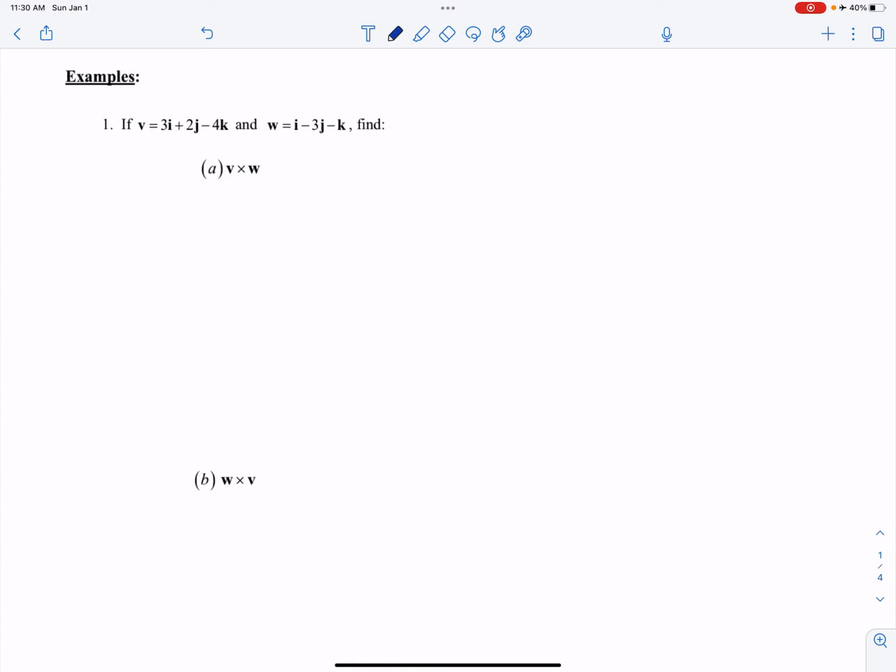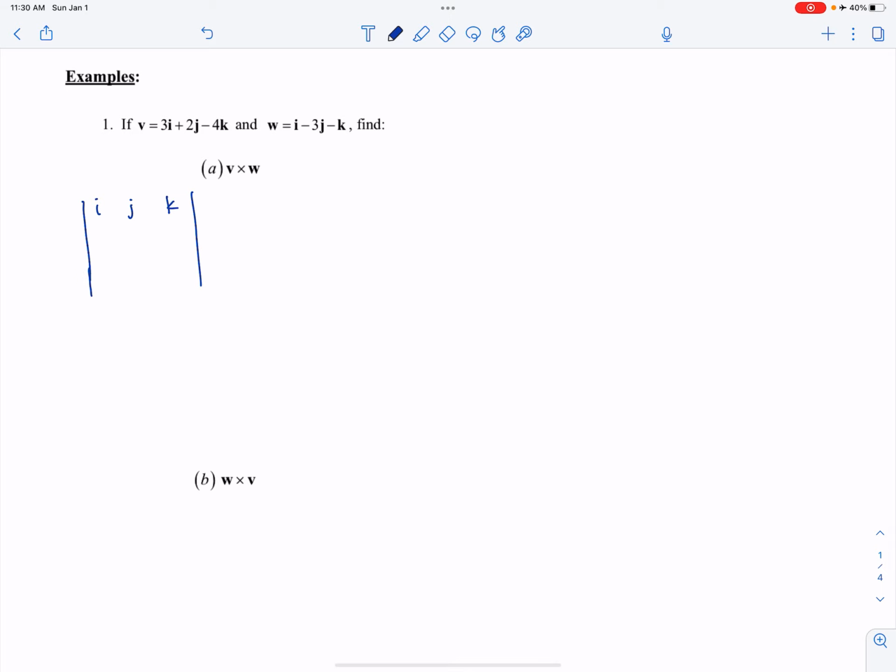We're given two vectors. v is 3i plus 2j minus 4k, and w is i minus 3j minus k. We want to find v cross w. So the first thing I'm going to do is set this up with a matrix: i, j, k.